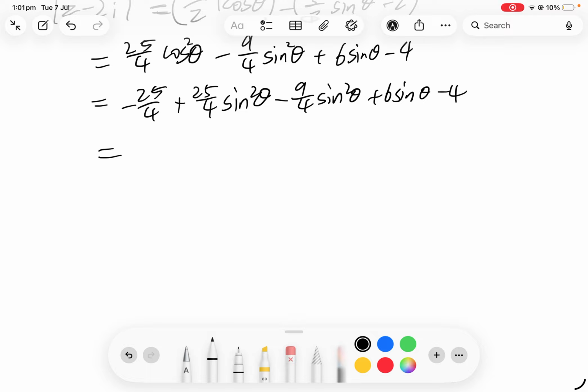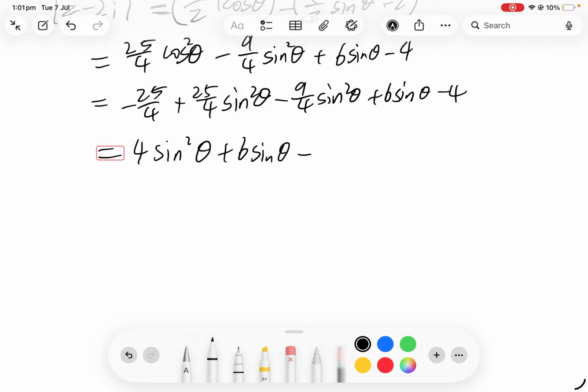That becomes 4 sine squared theta plus 6 sine theta minus, well, that's 16. 16, if you plus, it will become 51.